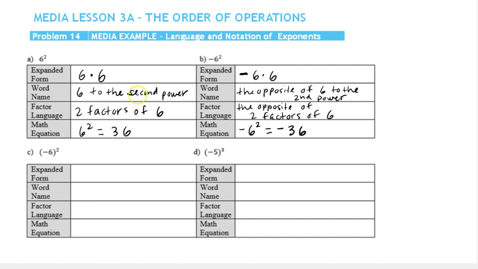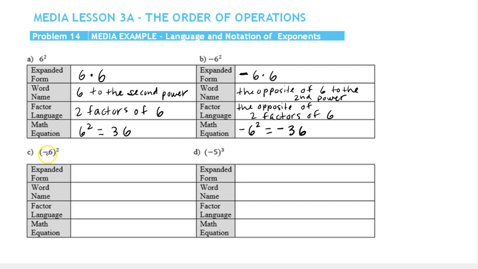So notice these two are different. They both seem to have a negative 6, but here the negative is in parentheses, whereas here it wasn't. So in this case, we thought of this as the opposite of 6 squared, okay? And the opposite wasn't raised to the 2nd power. Here, the parentheses are implying that we are raising this entire negative 6 to the 2nd power.